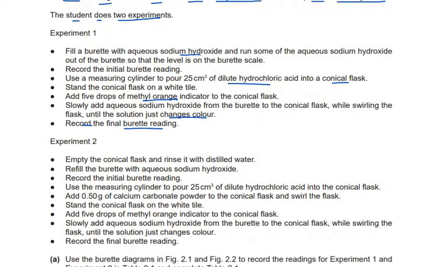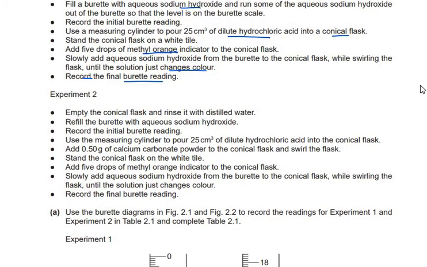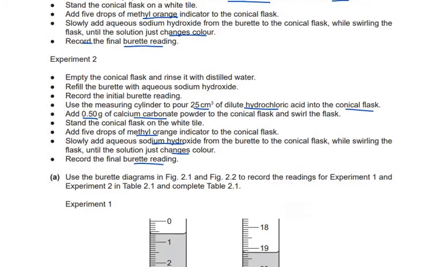In the second experiment, before the titration is done, after adding 25 cm³ hydrochloric acid to the conical flask, they've added 0.50 gram of calcium carbonate to the conical flask, allowed it to react, and then the titration with the help of methyl orange, the sodium hydroxide is done and the color change reading is noted down. So there are 2 experiments.